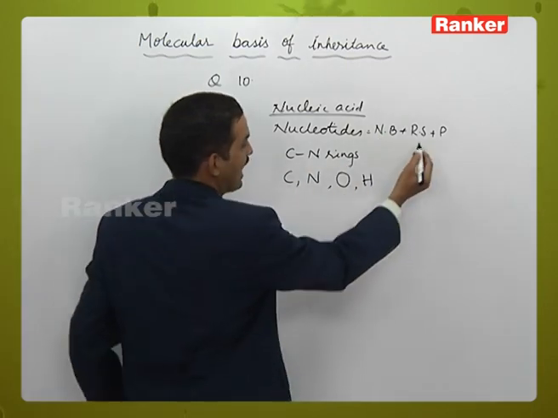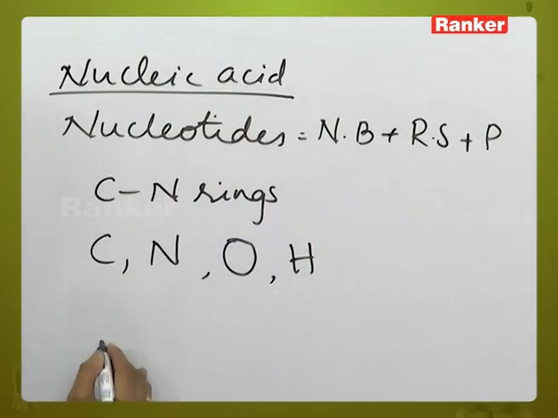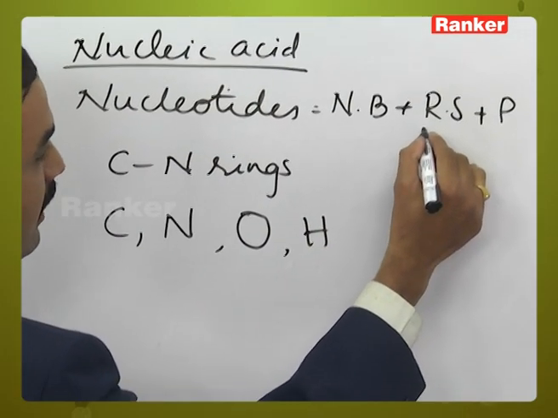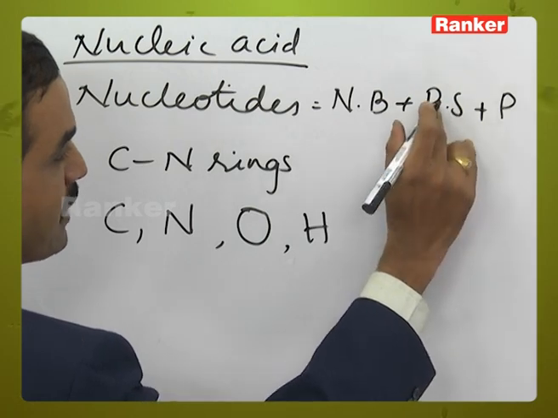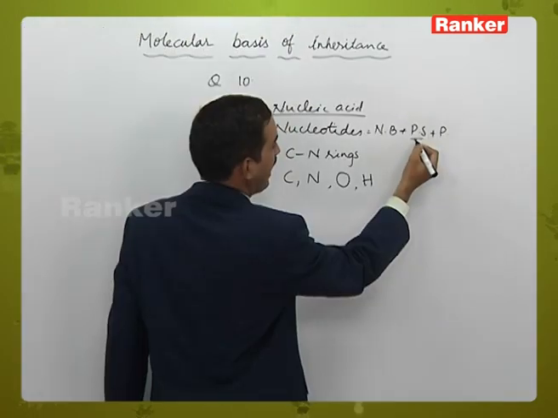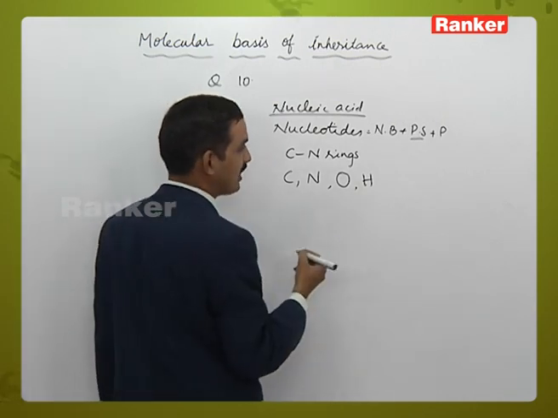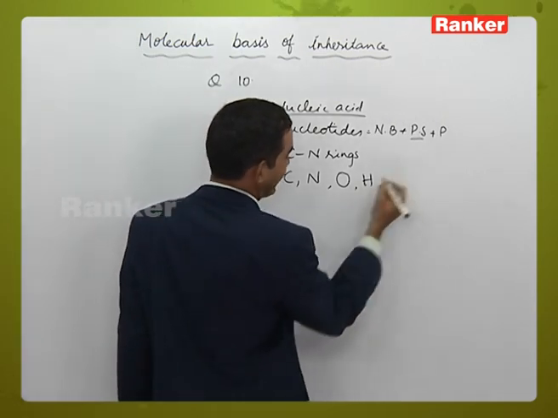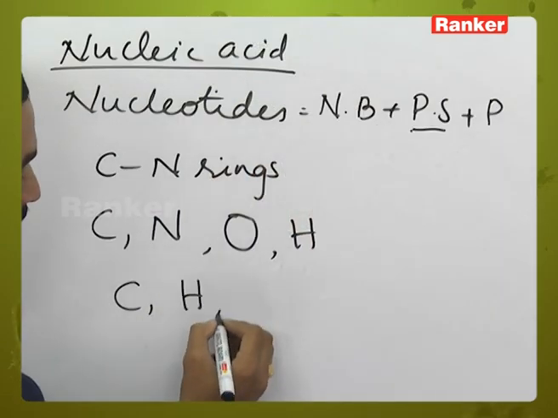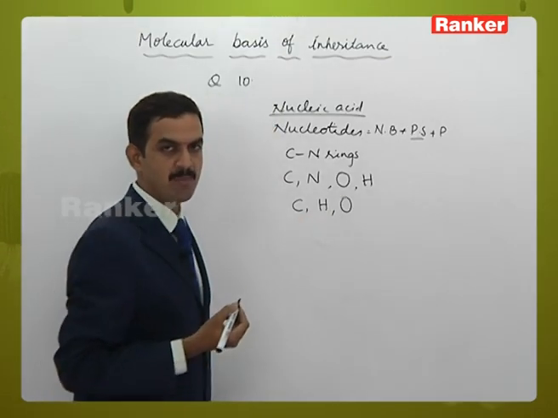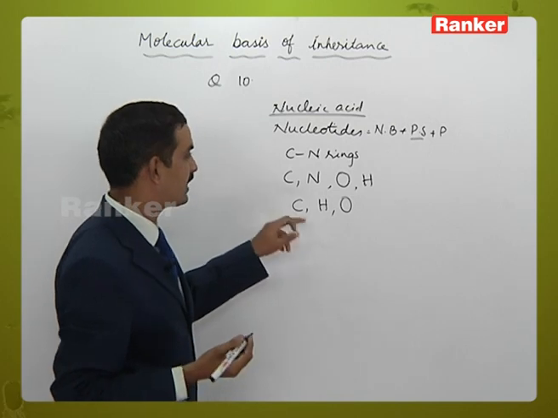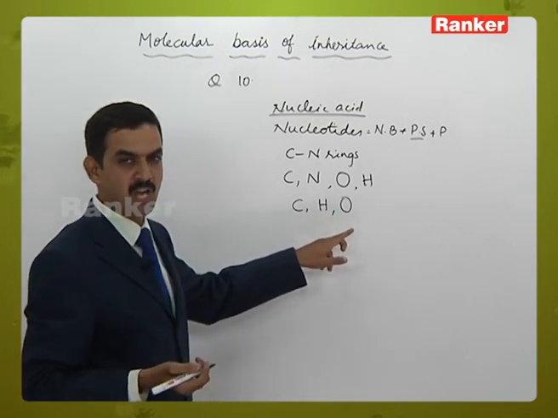Then coming to ribose sugar. Here the deoxyribose sugar is there, that is, pentose sugar is present here, and sometimes it is ribose sugar or deoxyribose sugar based on the RNA or DNA molecule. They contain carbon, hydrogen and oxygen. Pentose sugar is made up of carbon, hydrogen and oxygen.